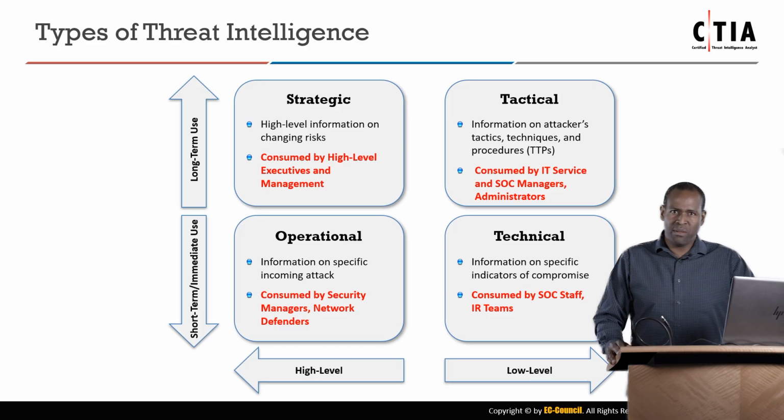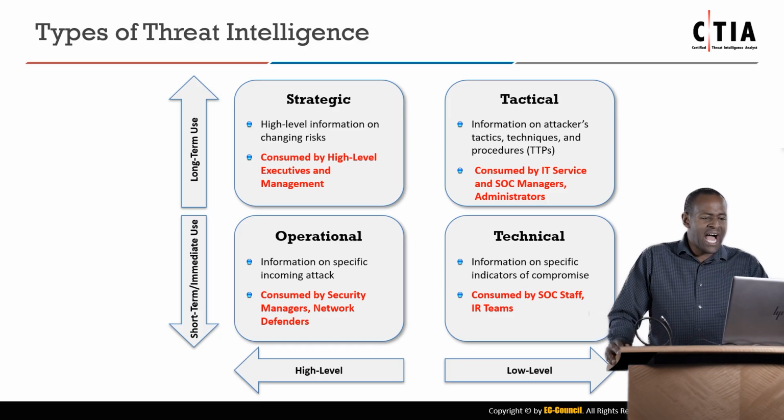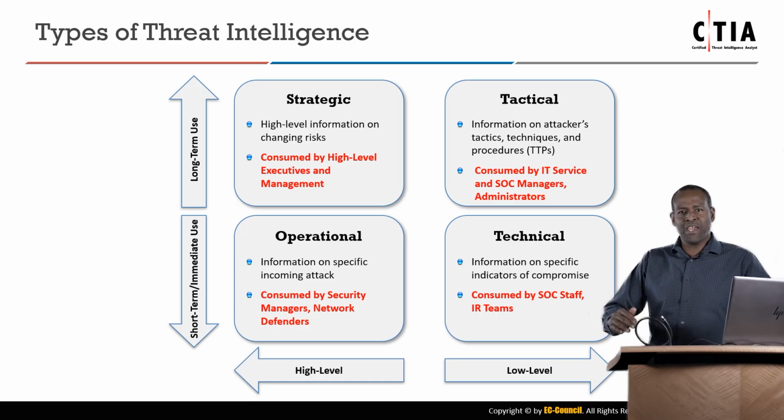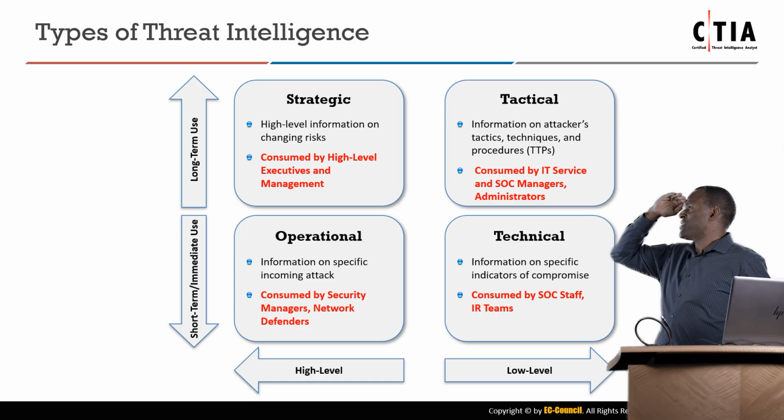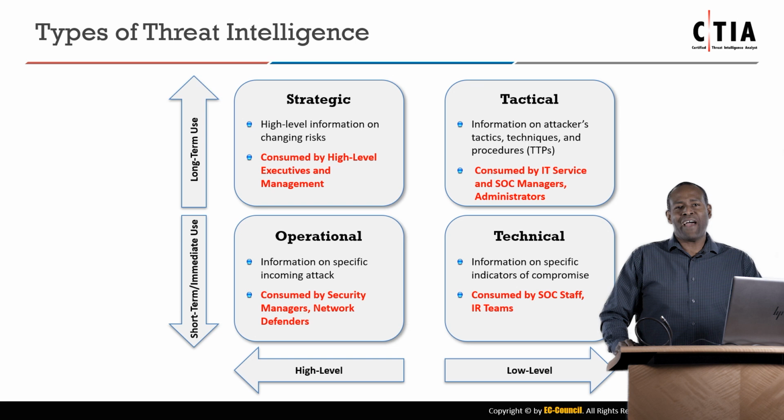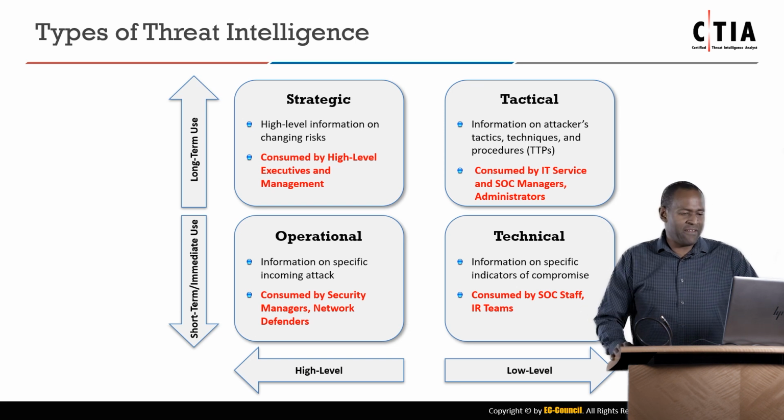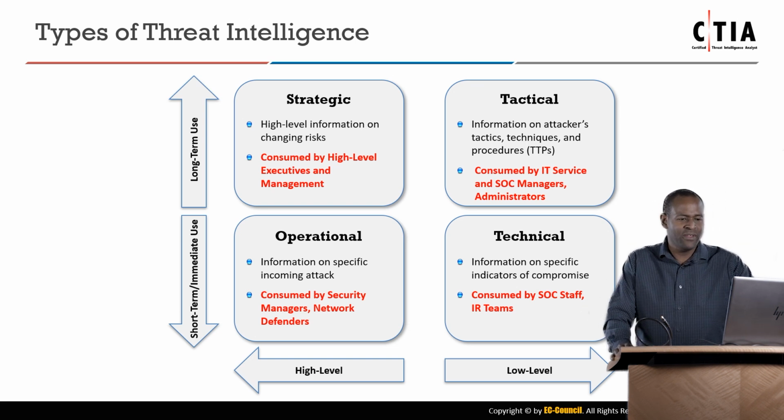As you see here in the bullet point for strategic, it's high-level information. We're looking at high-level information on changing risks, consumed by high-level executives and management. Think of strategic as looking out into the distance, looking at the overall lay of the land. Whereas tactical, it's information on the attacker's tactics, techniques, and procedures.